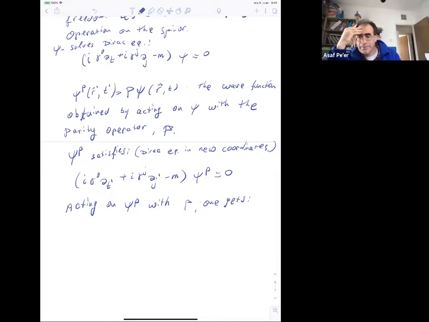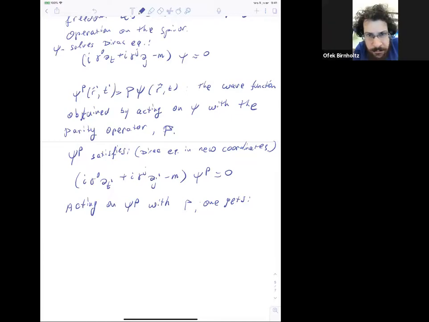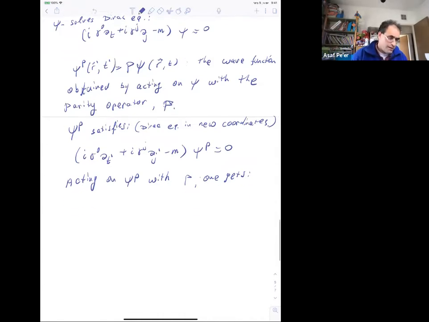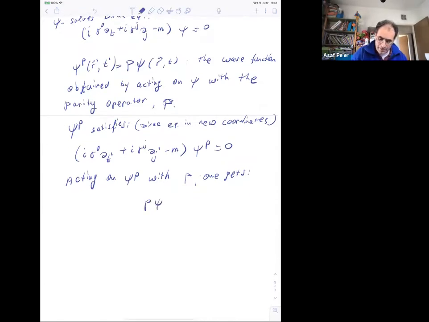Oh, come on. The original psi? Of course. Psi is a wave function, there's a spatial part, it has an internal part. Of course, I get the original psi. P psi_p is just psi. And this psi, of course, satisfies the Dirac equation.